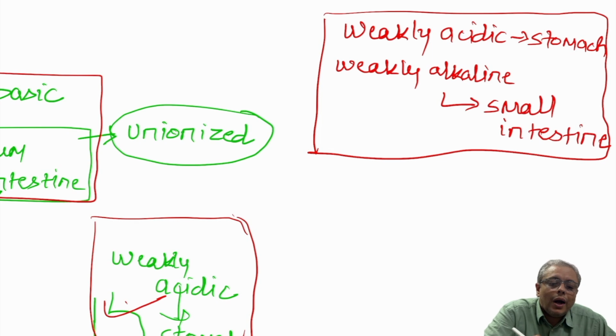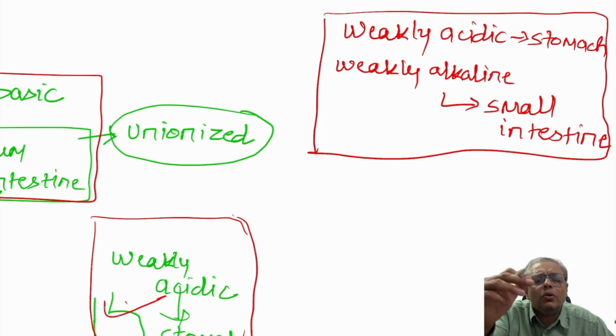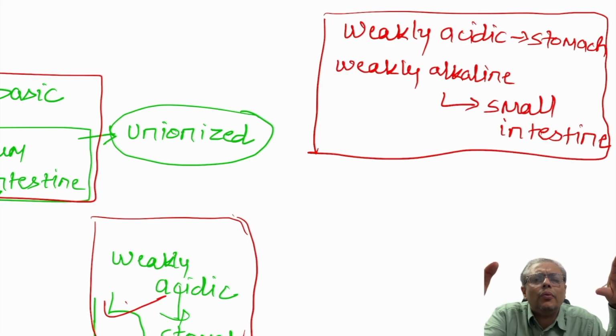Now, I have told you there is another factor, because ultimately the absorption of the drug depends on many factors. I have told you there are n number of drug related factors, pathological factors, physiological factors, and it is a sum total of the effect of all the factors that will decide the absorption of the drug.